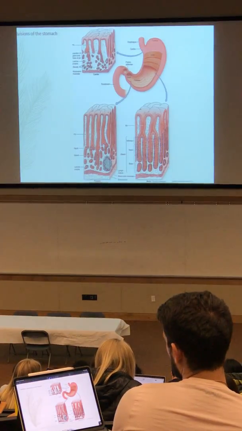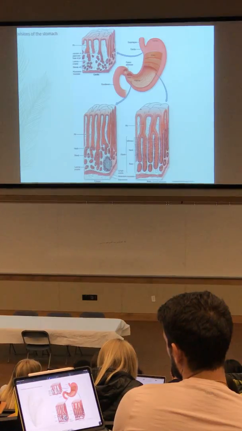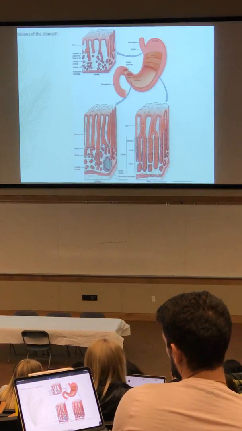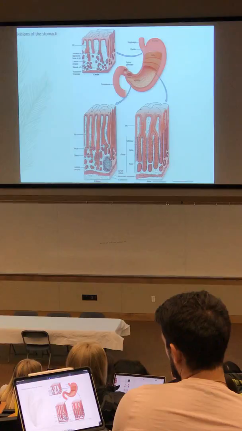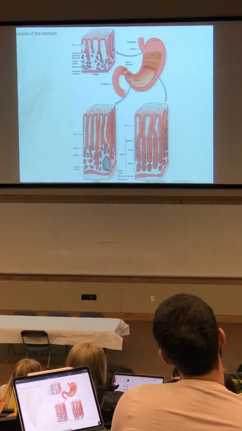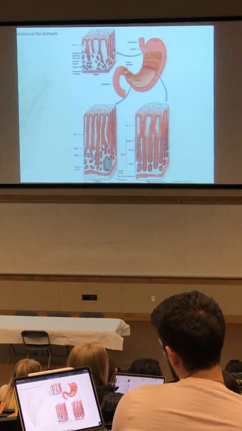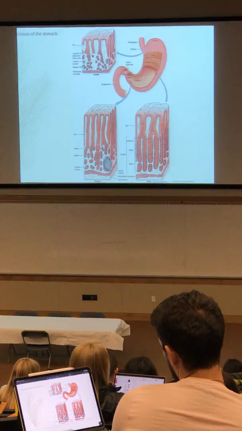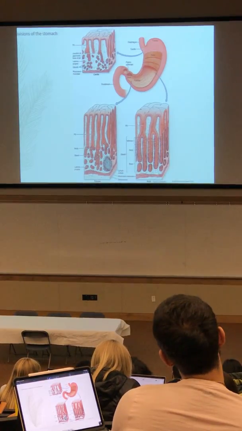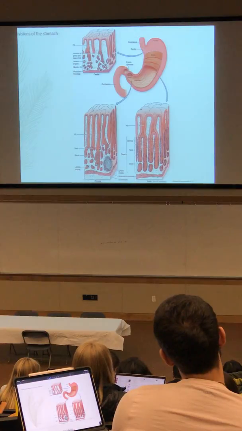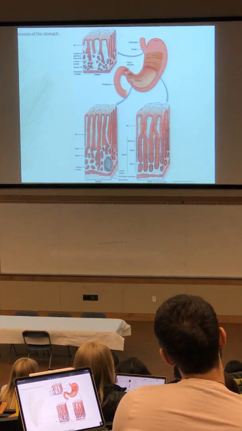Your textbook labels it as body, but histologically we call it fundic. Notice we have these deep pits that branch into glands, and we have specific types of cells in this region. We'll get to those cell types in just a moment. And then finally we have the pyloric stomach, which is the terminal part, and the glands are different. It's a different type of gland. We'll look at those in a moment.